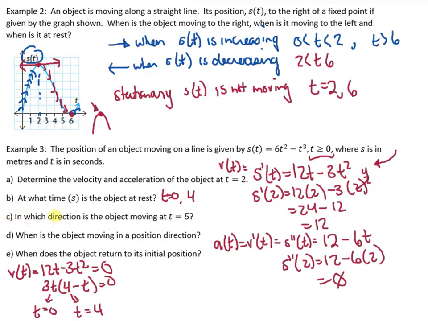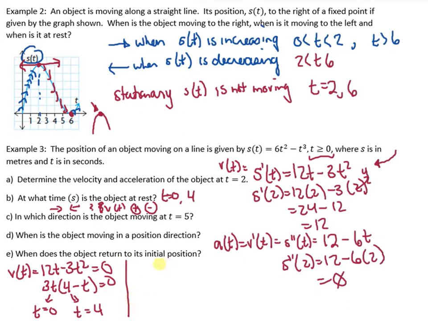Okay, so we want to know in which direction. When we're talking about right or left, we want to know if the velocity, v at t, is positive or negative. In which direction is the object moving at t equals 5?